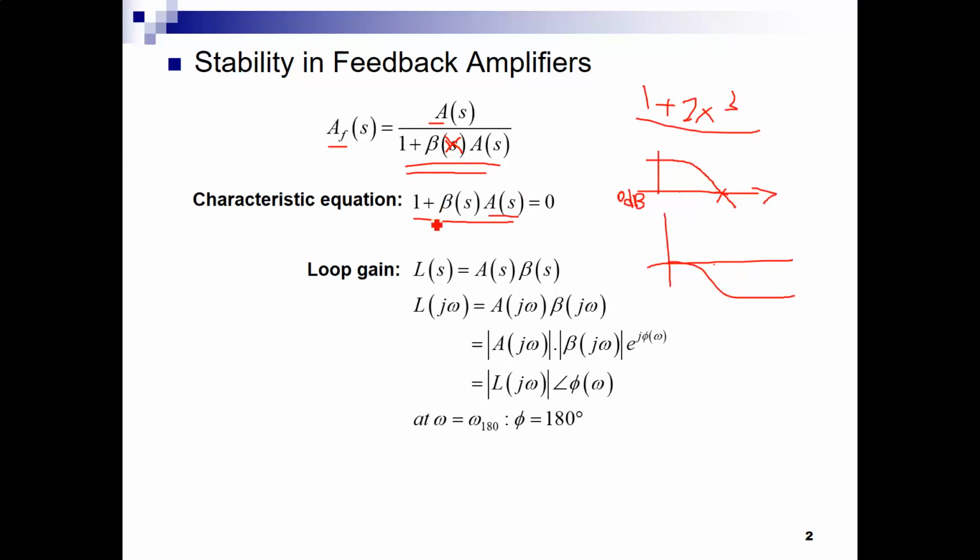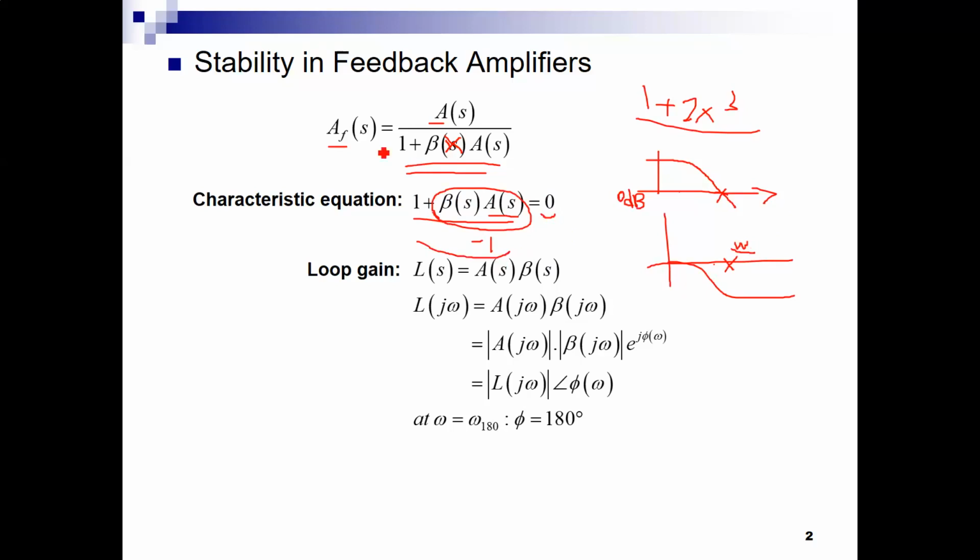And so it's very possible, with a magnitude and a phase, to be positive or negative. It's very possible for the quantity A beta to equal -1 at some frequency. Magnitude and phase don't stay fixed, it changes. But if at some operating frequency omega A beta equals -1, this means that the denominator of the characteristic equation might hit 0.